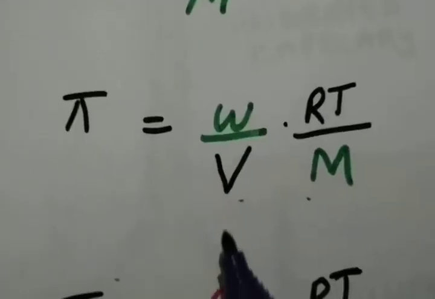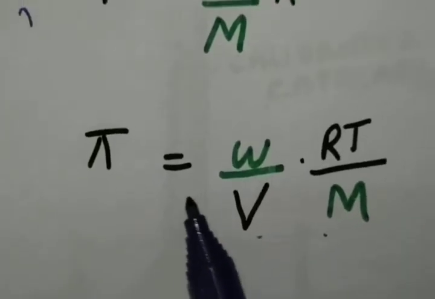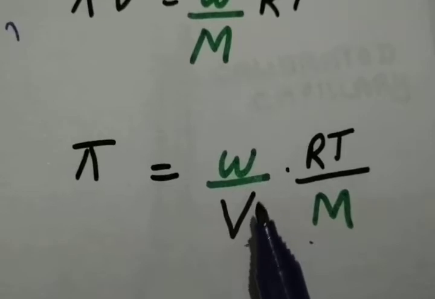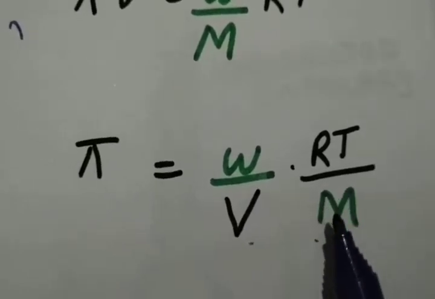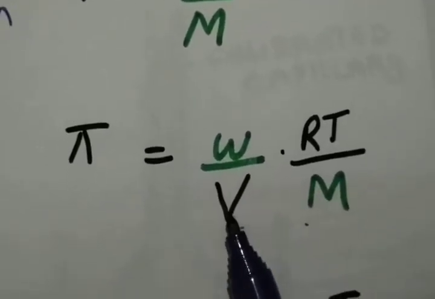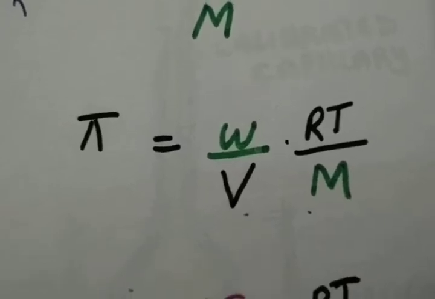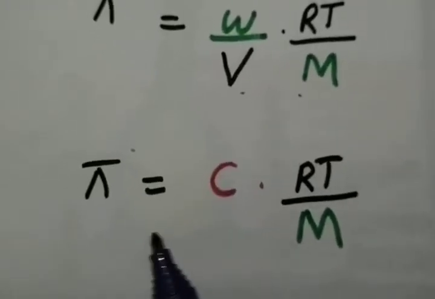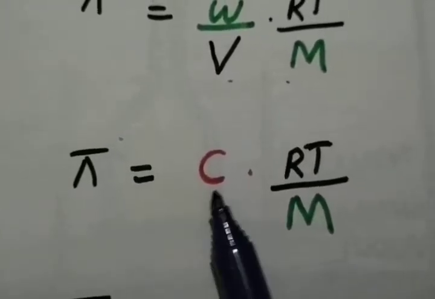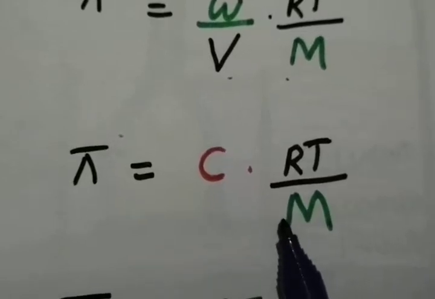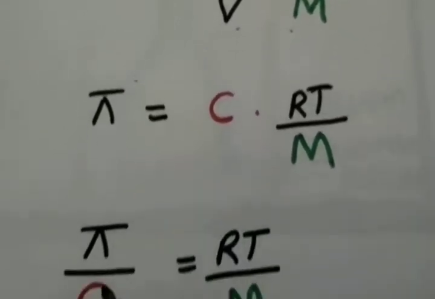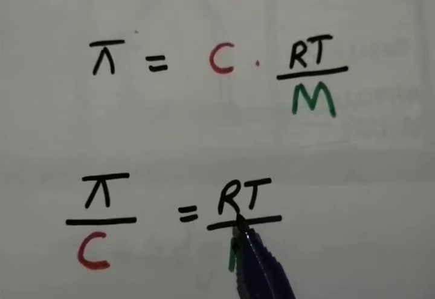So we can write pi is equal to w by V into RT by M. We know w by V is equal to concentration c. Therefore, pi is equal to c into RT by M, so pi by c is equal to RT by M.